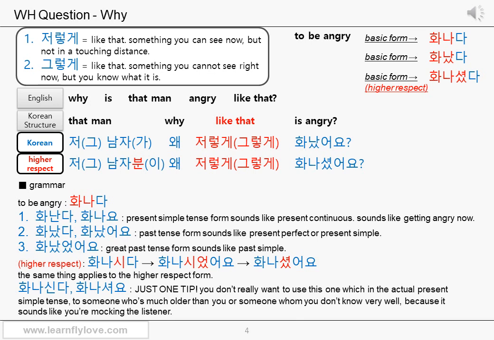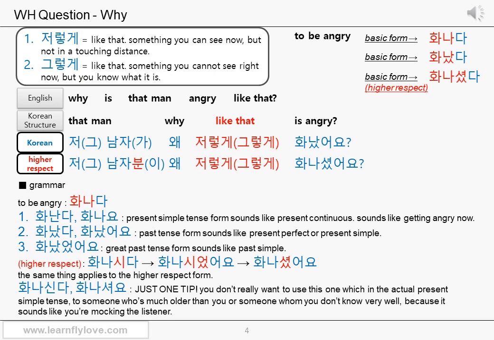Perfect. How about the higher respect form? That man. It's a person. So you can find a higher respect way to refer to him. Let's use 분 here. 저 남자 분이.